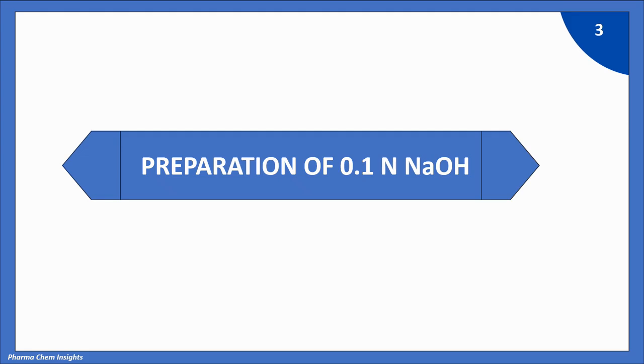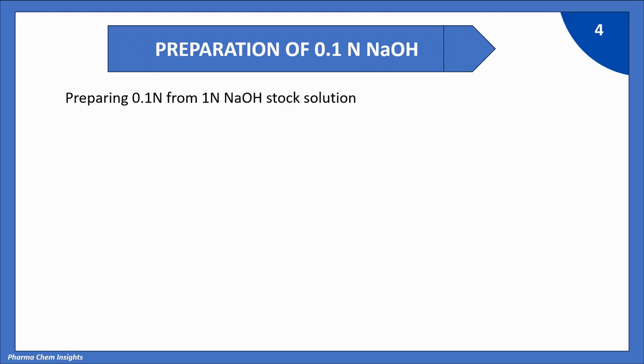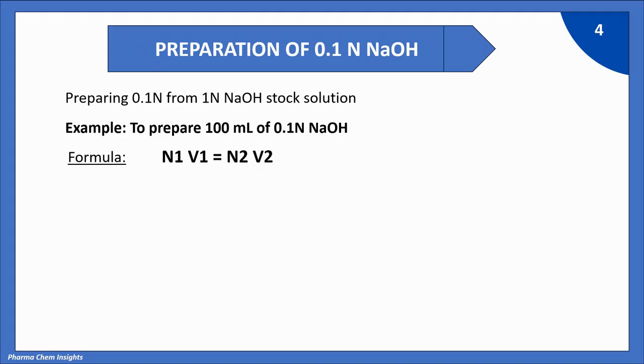Let's see first preparation of 0.1 normal NaOH solution. Preparing 0.1 normal from 1 normal NaOH stock solution. Let us see by the example to prepare 100 ml of 0.1 normal NaOH solution. We have formula N1V1 is equal to N2V2.